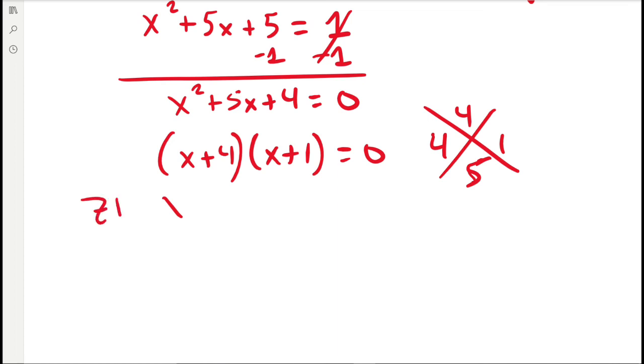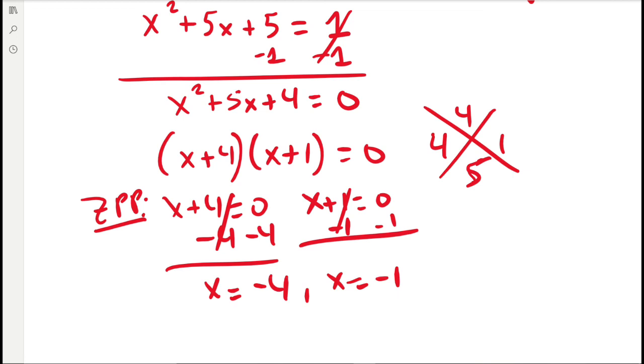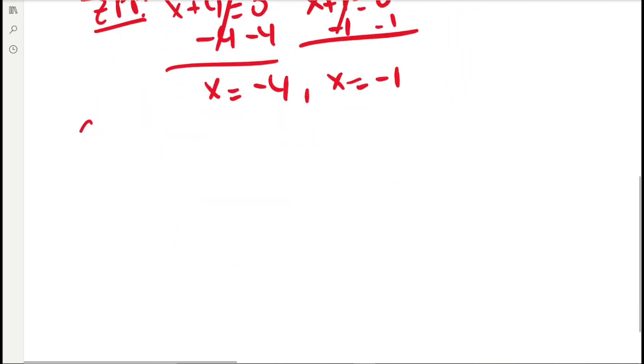And using the ZPP, zero product property, x plus 4 equals 0, x plus 1 equals 0, subtract 4 on both sides, subtract 1 on both sides. So x equals negative 4, x equals negative 1. Then, of course, we check, right? So we check our solutions.